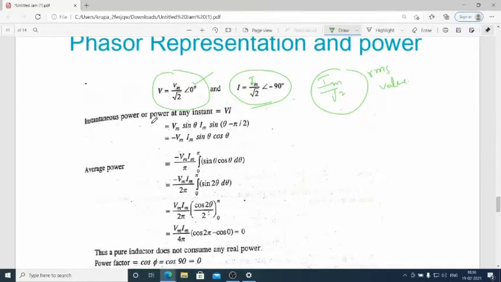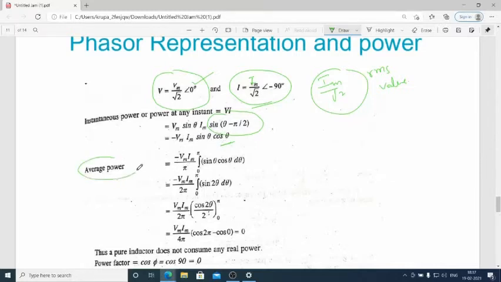Instantaneous power, or power at an instant, is calculated here as V into I. So Vm sin theta into Im sin of theta minus pi by 2. So Vm Im, and sin of theta minus pi by 2, from the earlier discussion, is treated as minus cos theta. So minus Vm Im sin theta cos theta.